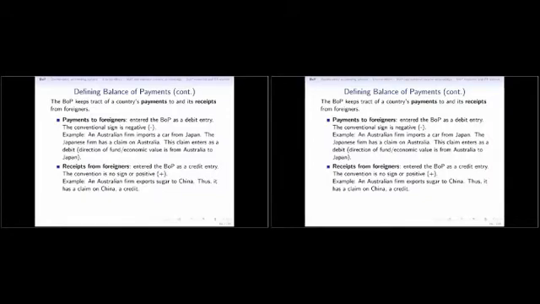Is that okay? So credit. So at the end of the day, these are the fundamental rules when we talk about the balance of payments entries. So keep that in mind for future reference. Export, credit. Import, debit. Whatever you export, whatever you import.